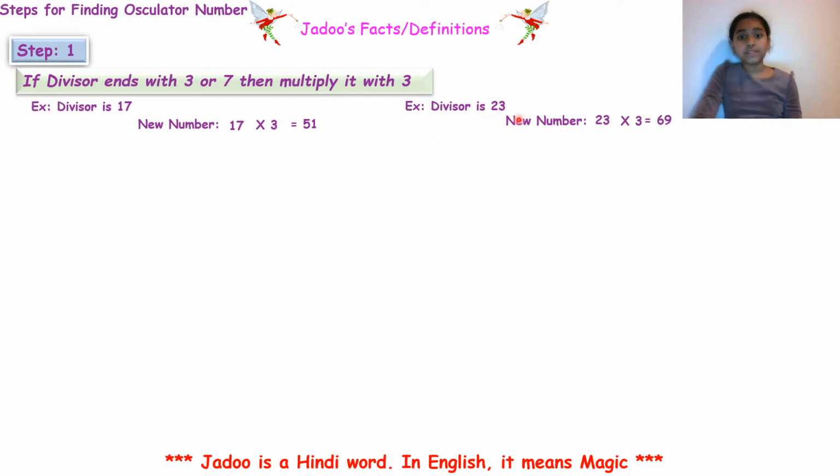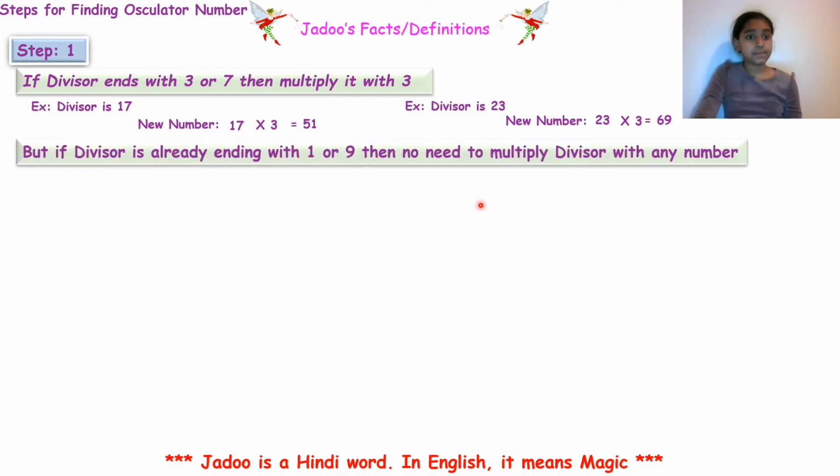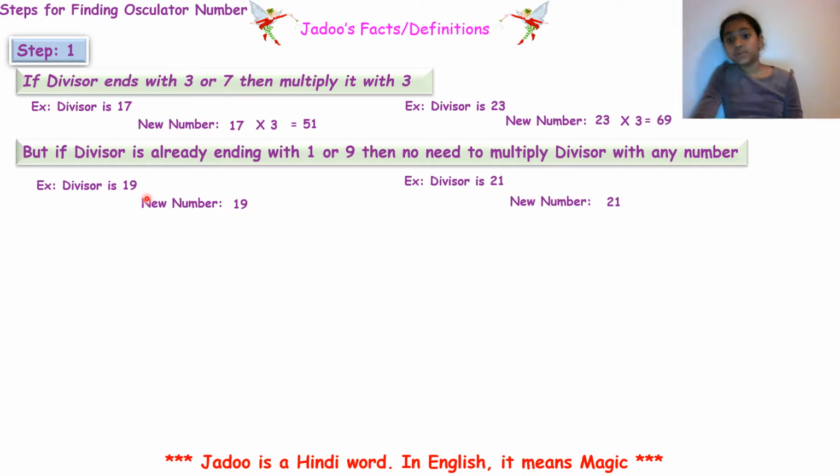Example, the divisor is 23. New number is 23 times 3, 69. But if the divisor is already ending with 1 or 9, then no need to multiply the divisor with any number. For example, the divisor is 19. New number is 19. For example, the divisor is 21. New number is 21.